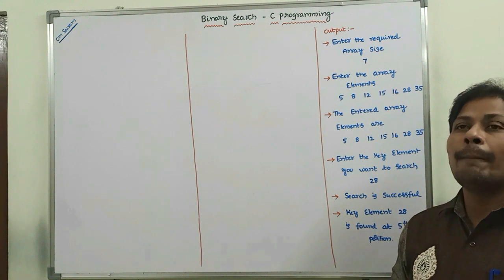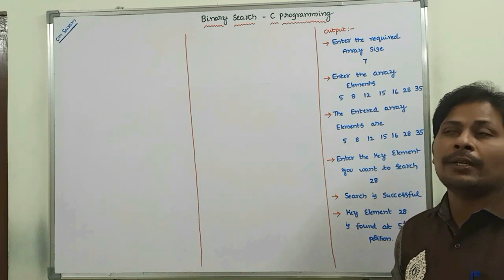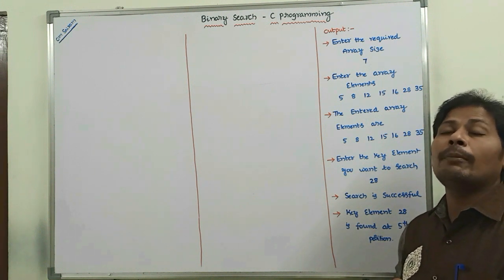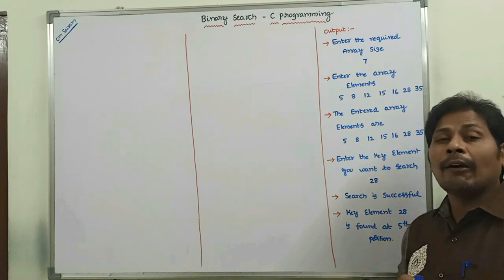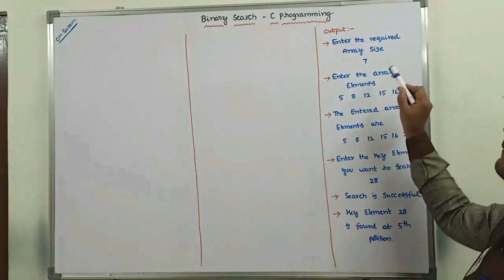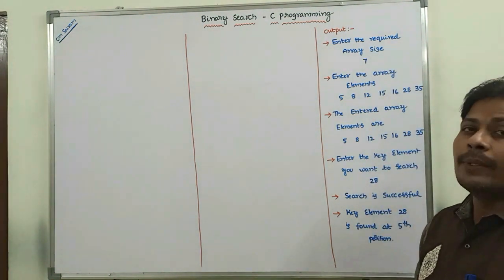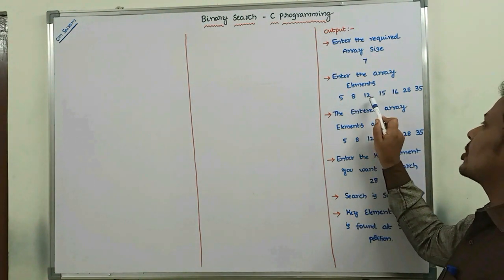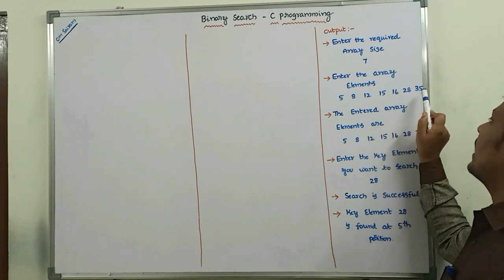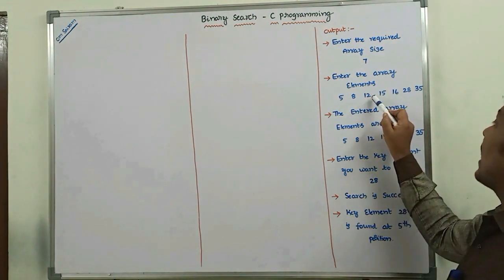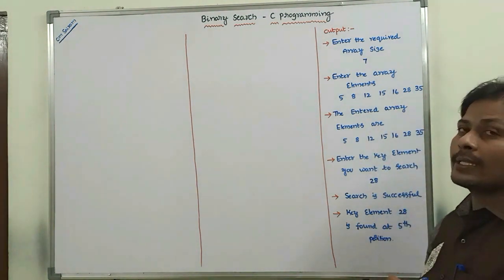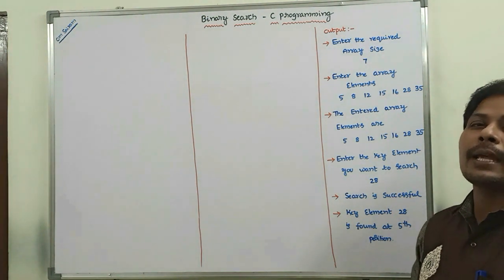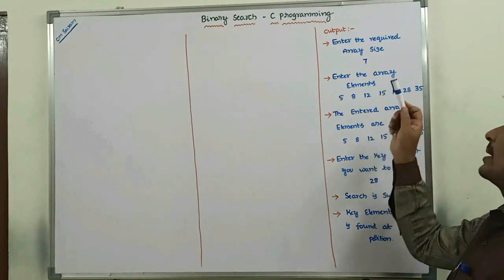This is a must and necessary condition before performing binary search. The 7 elements in the array are 5, 8, 12, 15, 16, 28, 35. So these elements are already in ascending order. Hence, we have to perform binary search on these array elements.